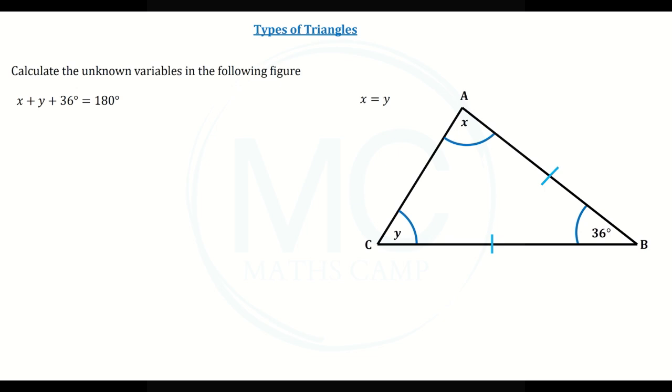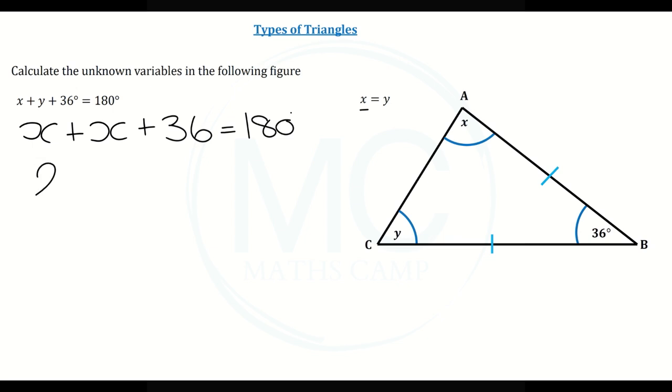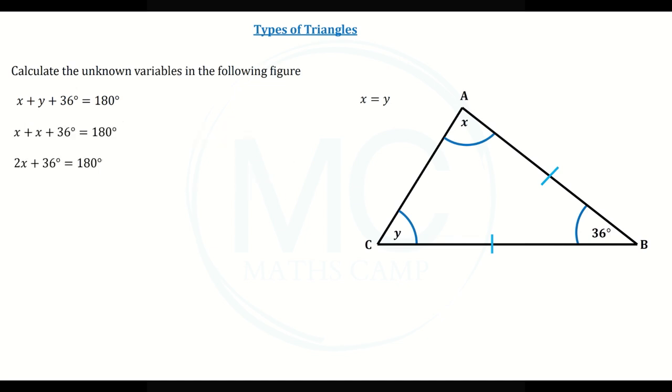So now our equation becomes x plus y, which is equal to x, so let's say plus x plus 36, which is equal to 180 degrees. And now we can solve for x. So let's add our like terms. x plus x gives us 2x plus 36 degrees is equal to 180 degrees. Now to get the x term by itself, let's move 36 to the other side.